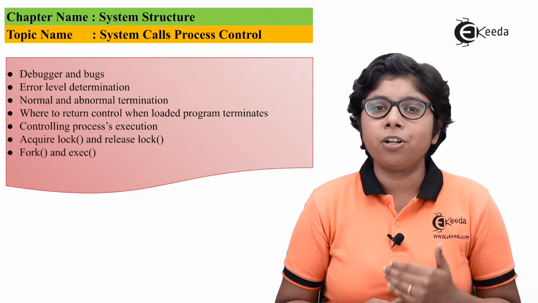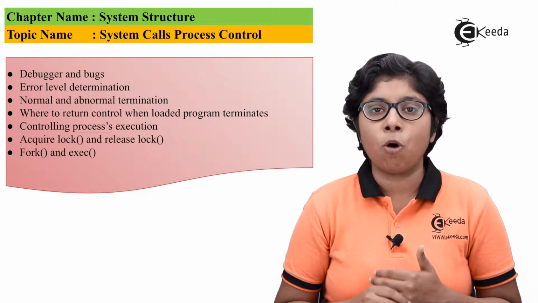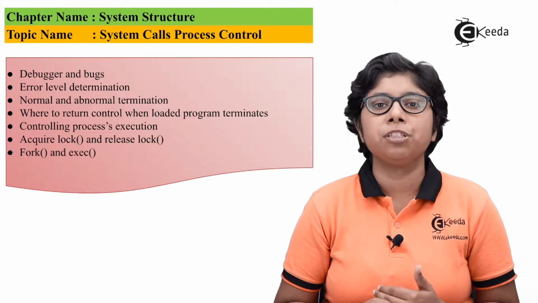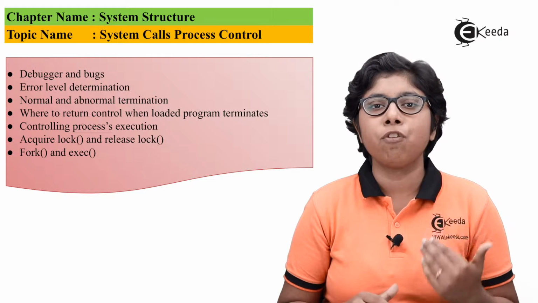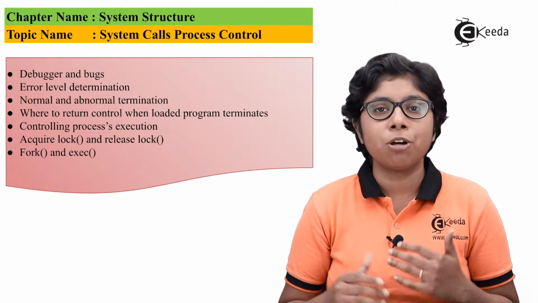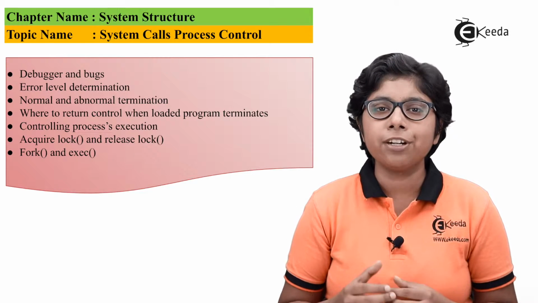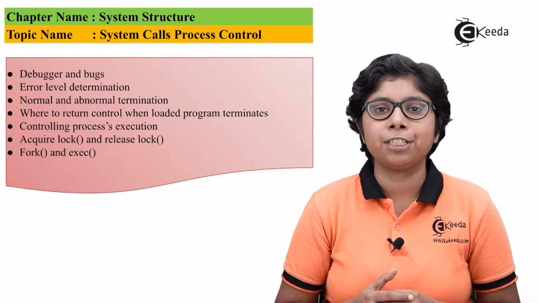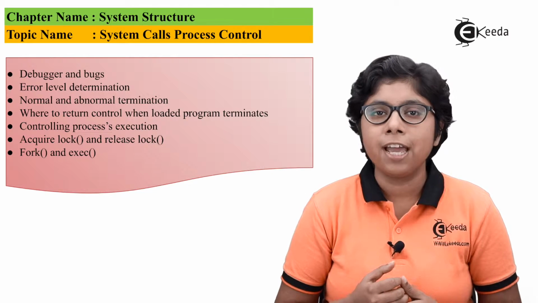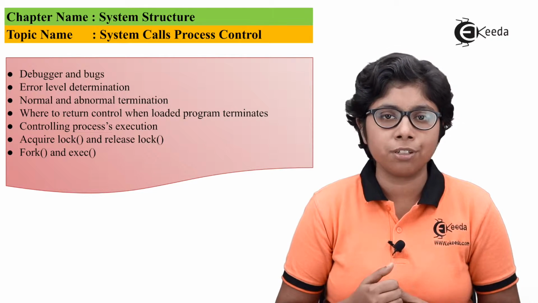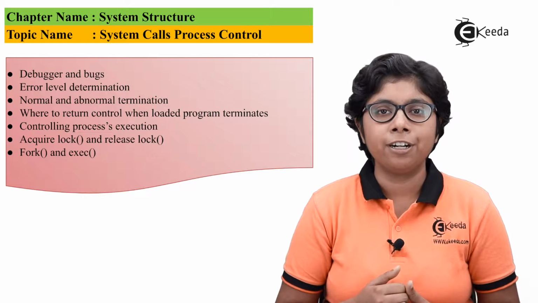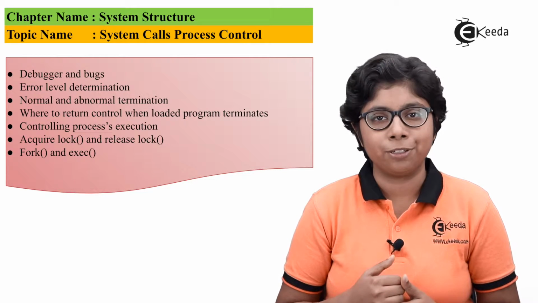Under either normal or abnormal circumstances, the operating system must transfer control to the invoking command interpreter. The command interpreter then reads the next command. In an interactive system, the command interpreter continues with the next command, and it is assumed that the user will respond to any error.